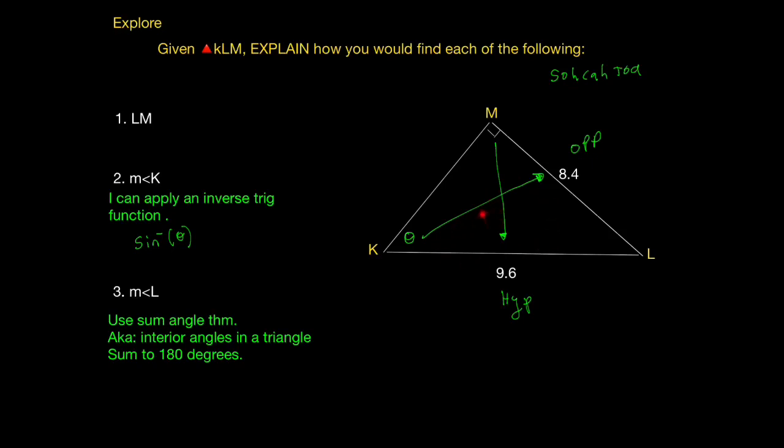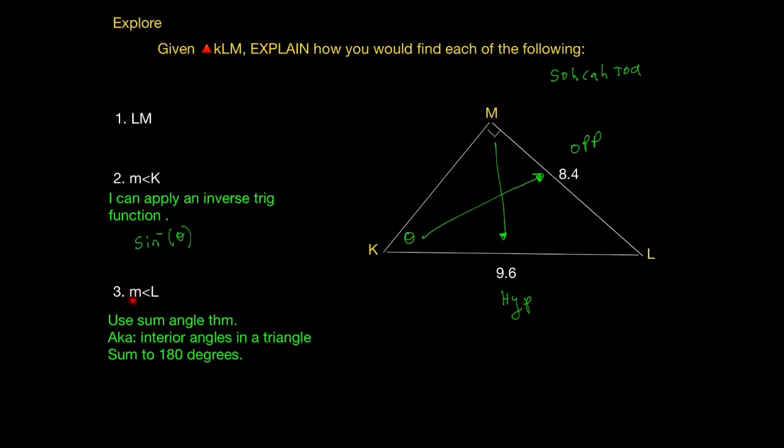So here, once I find angle K, I'm going to get 180, and I'm going to subtract angle K and subtract angle M, which is 90 degrees.